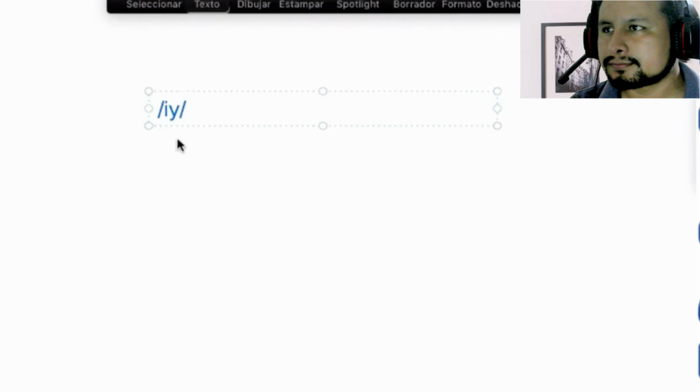Okay? For example, in your book, you have this is the symbol for the E sound, but in some other books, you will find something like this, for example, only this. All right? So you need to know that this symbol is the same as this, E.